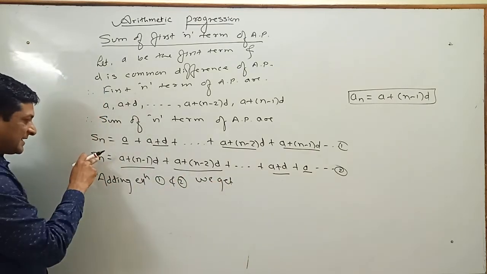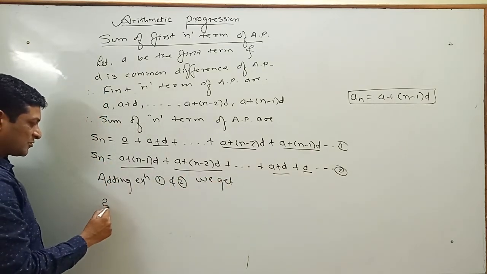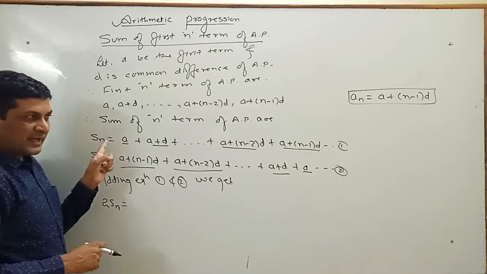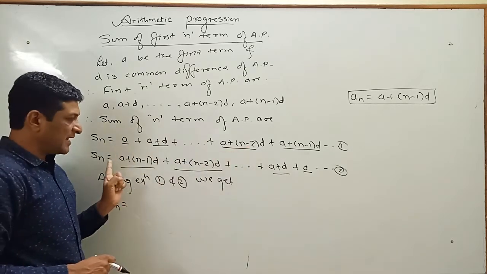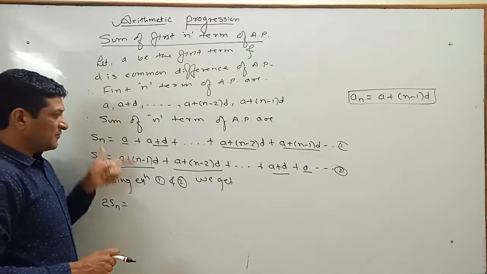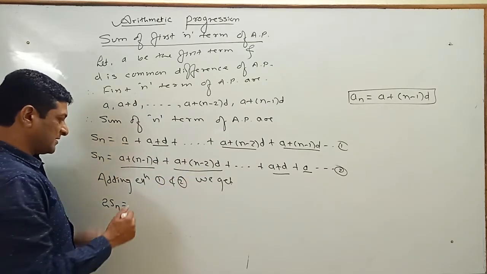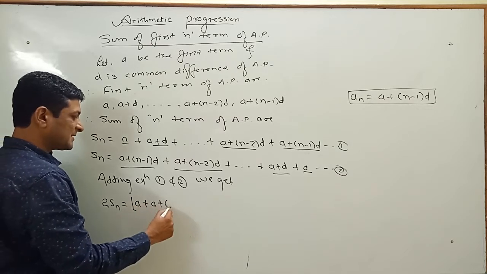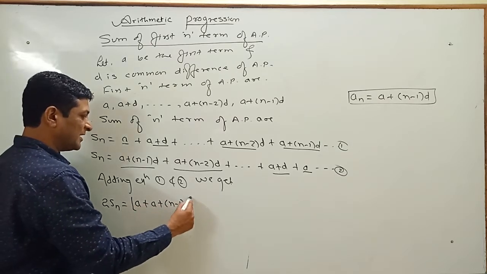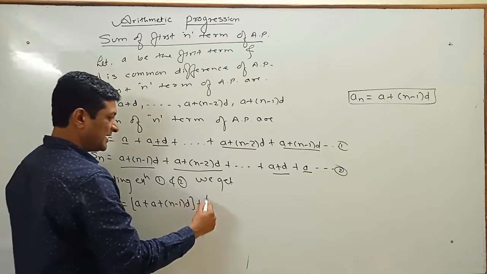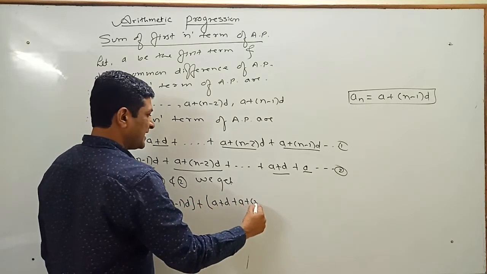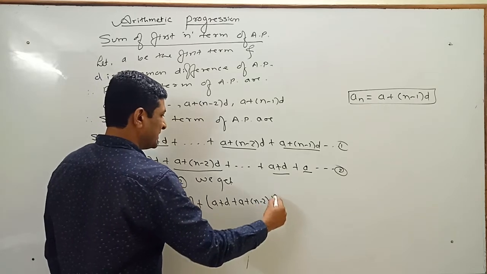On this side, Sn plus Sn will be equal to twice Sn. Now take the addition. There are n terms in equation 1, and here also n terms. First we take the addition of the first term in both equations. So here we get a plus n minus 1 into d, plus a plus d, plus a plus n minus 2 d.